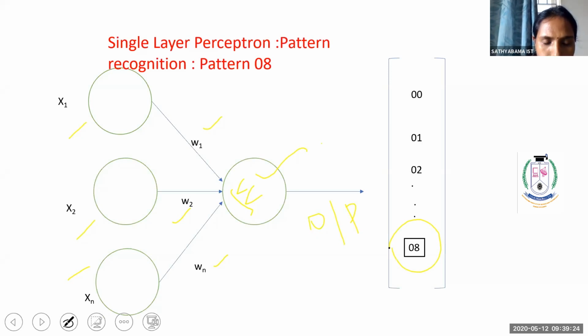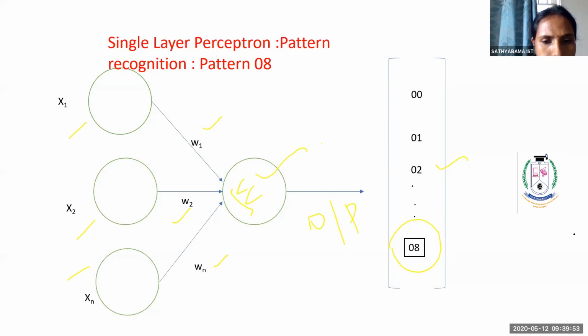In case your actual output is not equal to your desired output, say for example, if you want to recognize the pattern 8 but instead your neural network is recognizing 2 or 3 or the like, then your actual output is not equal to your desired output. What we have to do is modify the weight value. You will get some error. What is the error?